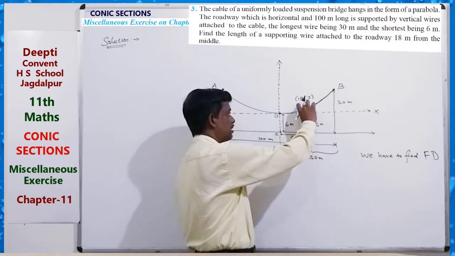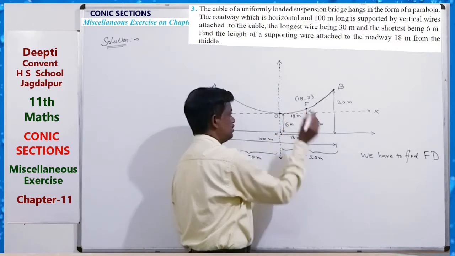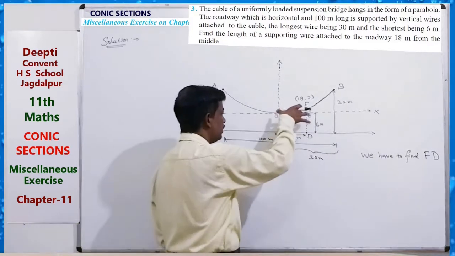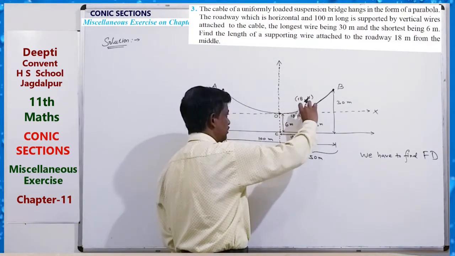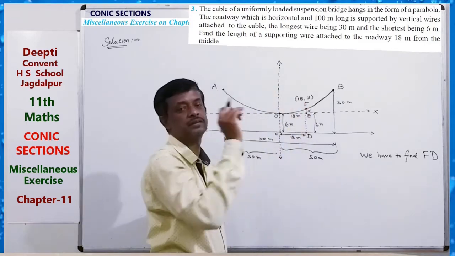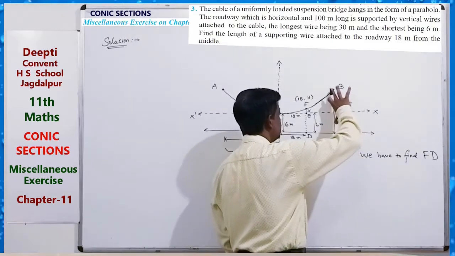If we find Y, this is 18 meter. So 18, Y lies on this parabola.